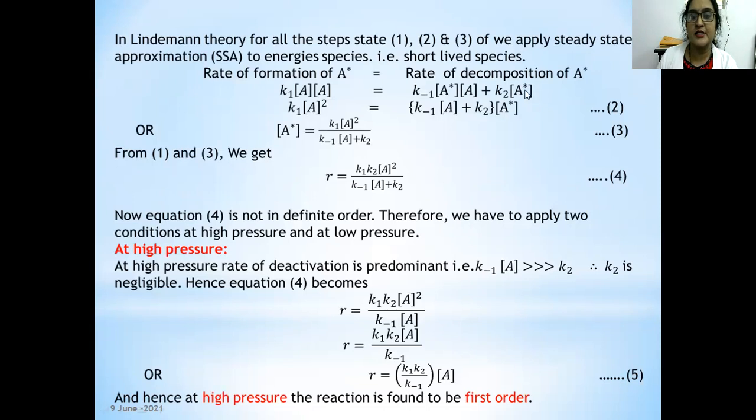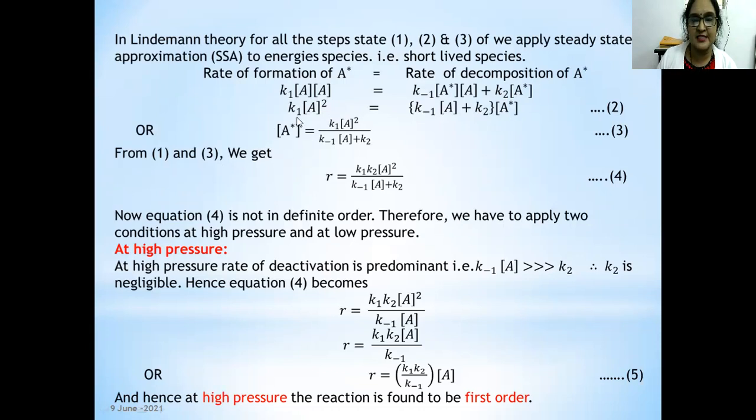So take the concentration of A star common. What remains is K minus 1 into the concentration of A plus K2, equal to K1 into A into A, that is K1 into the concentration of A squared. Therefore, from equation 2, what is the concentration of A star?